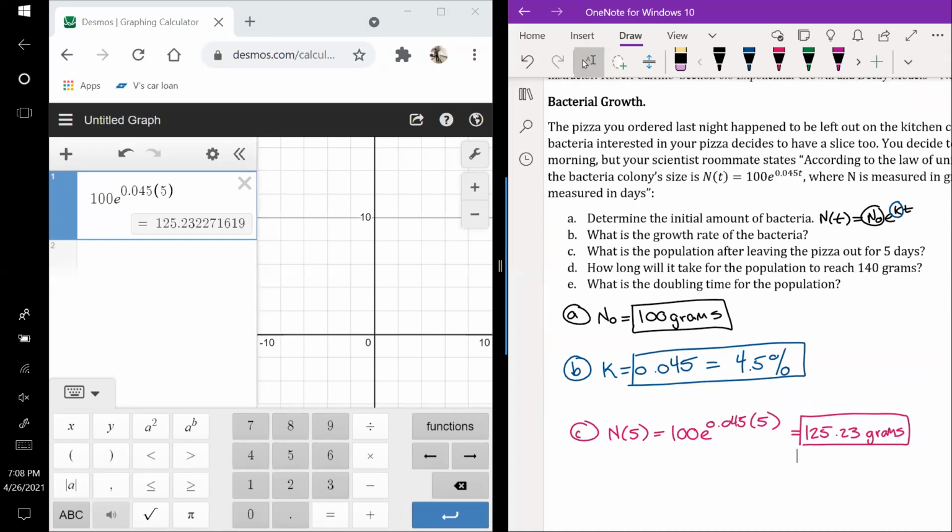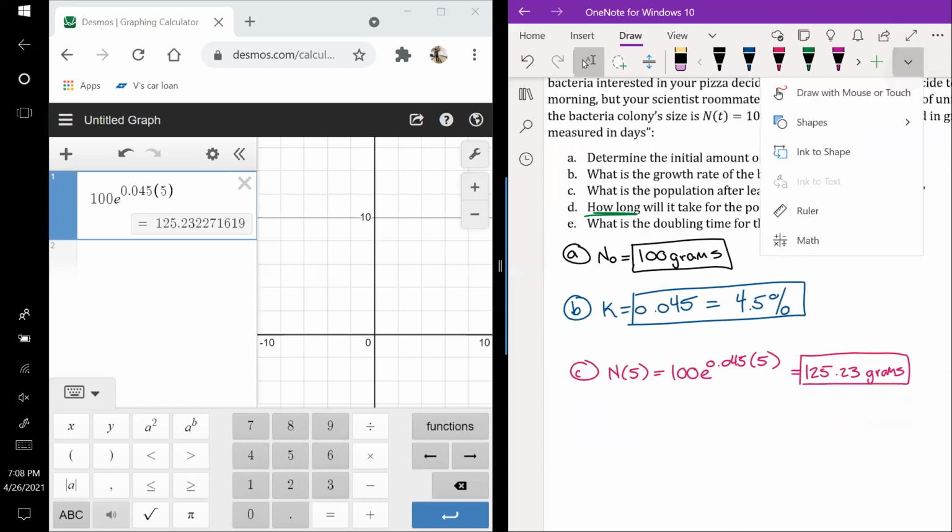And then it says, D, how long will it take for the population to reach 140 grams? So this says how long. So this means we are looking for time. They're giving us the final amount. They're giving us that the bacteria has reached 140 grams.